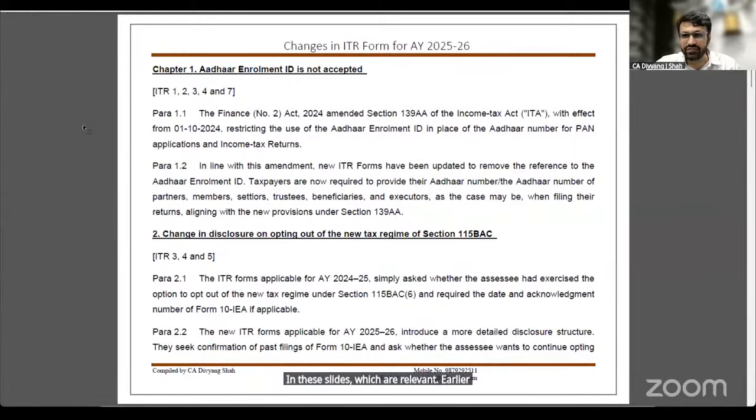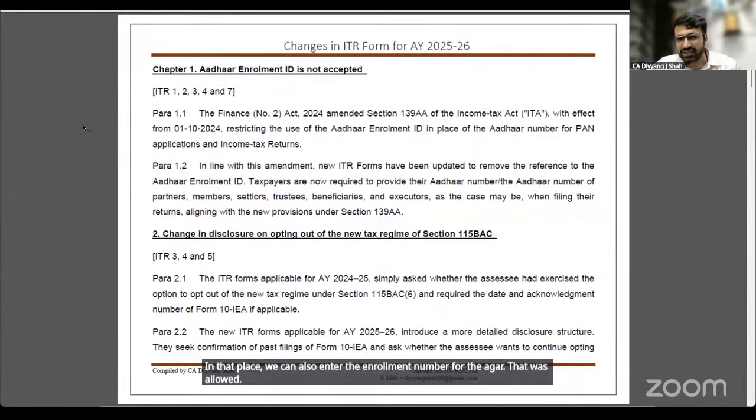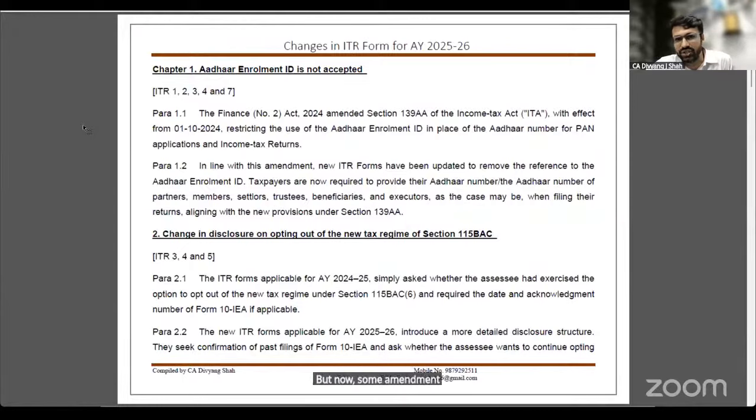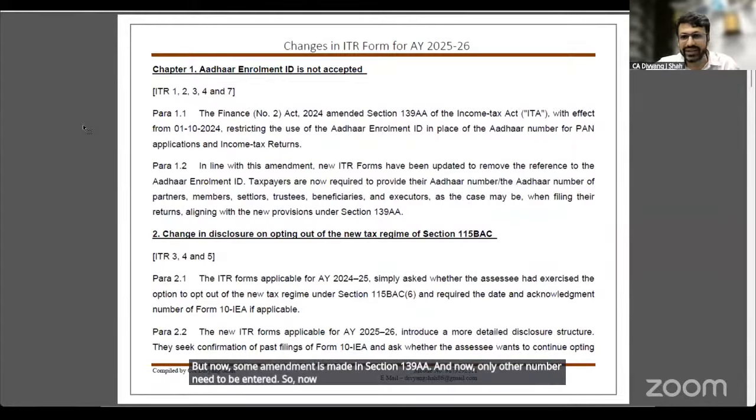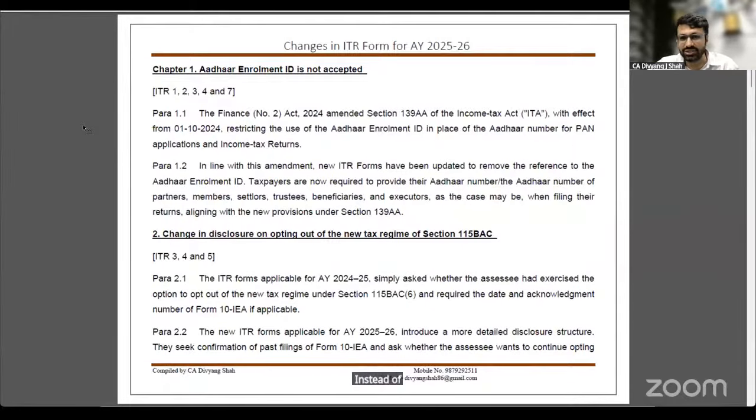Earlier, while filing the income tax return, we needed to furnish the Aadhaar number of the assessee, or as a partner or as a trustee. In that place, we could also enter the enrollment number for the Aadhaar. That was allowed. But now some amendment is made in section 139AA, and now only the Aadhaar number needs to be entered. So now the enrollment ID instead of the Aadhaar number is not allowed. That's the first change.